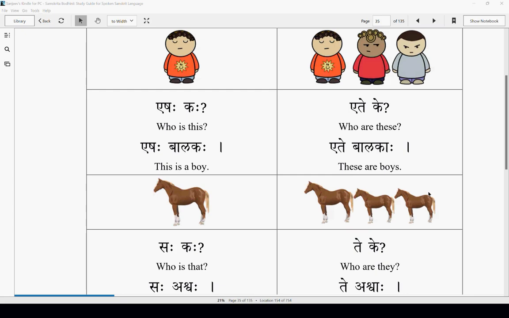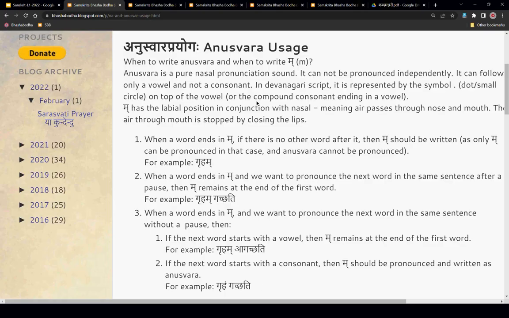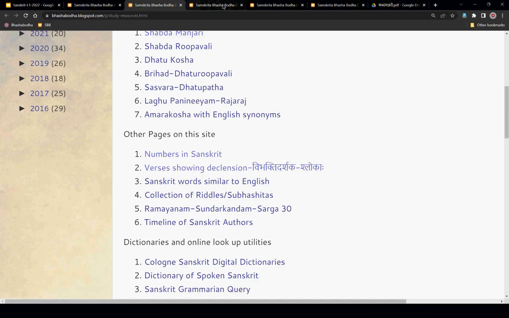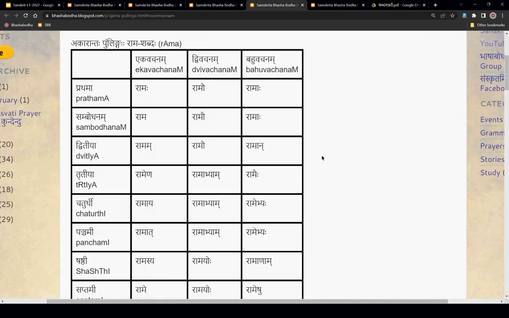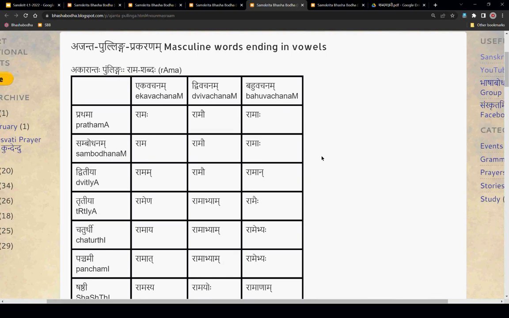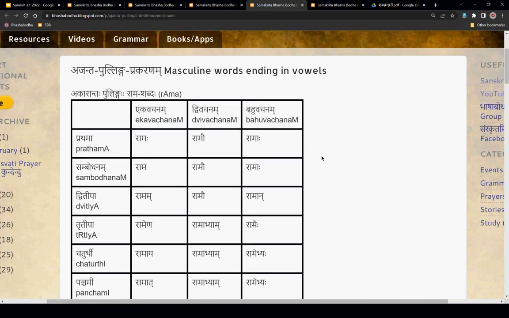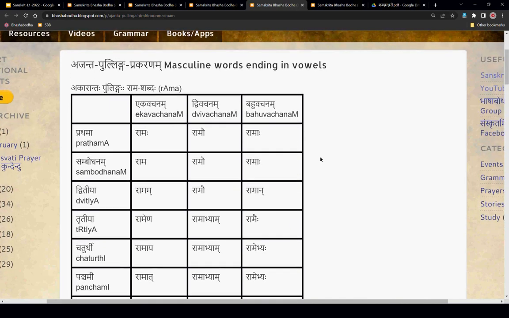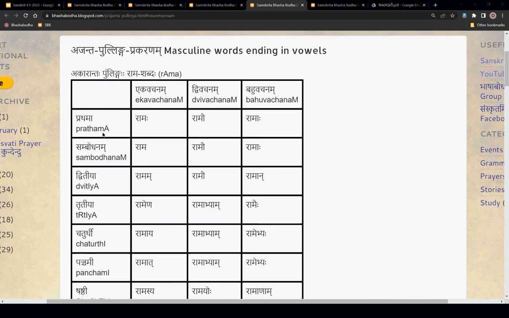Now, you can also refer to the vibhakti tables to find out the forms in the bahuvachanam. Where is that table here? Here. For example, Ramaha is ekavachanam, and for bahuvachanam, plural, we use Ramaha or Balakaha, the same pattern.